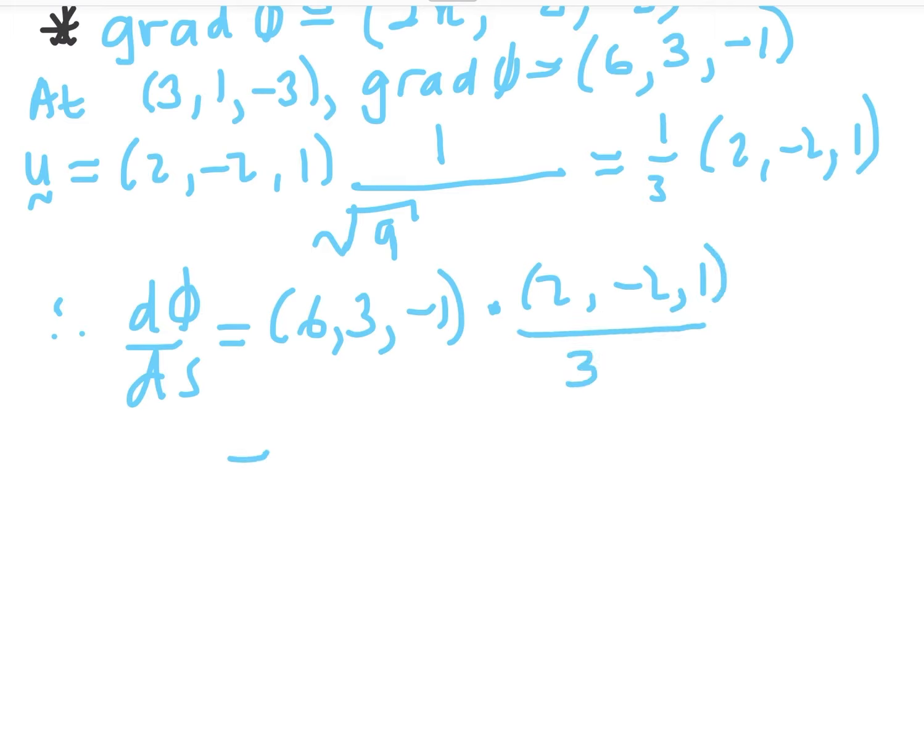Well, this is 1/3, and if you multiply the coordinates and add them up, you get 6 times 2, that's 12. 3 times minus 2 is minus 6. Minus 1 times 1 is minus 1. So that's 1/3 of 12 minus 7, so that's 1/3 of 5. So that's basically 5/3.